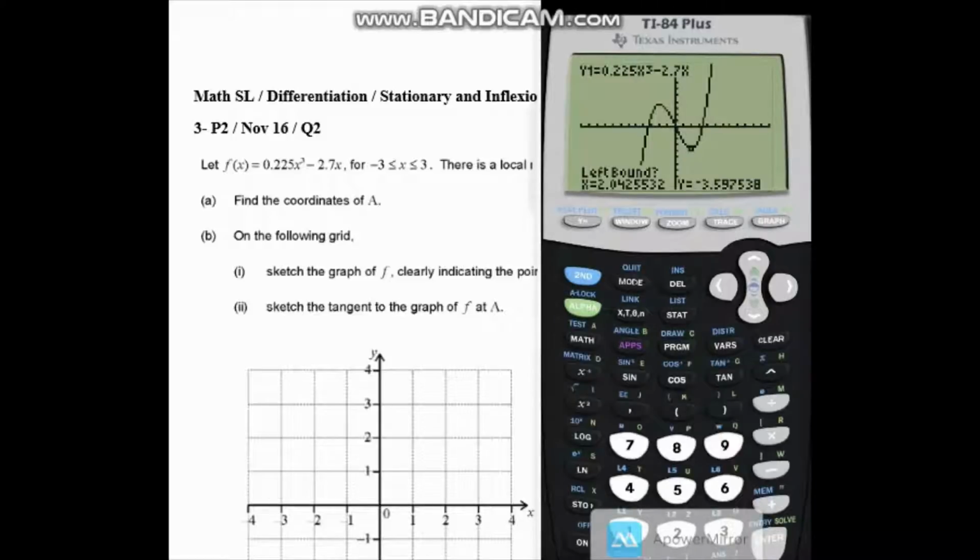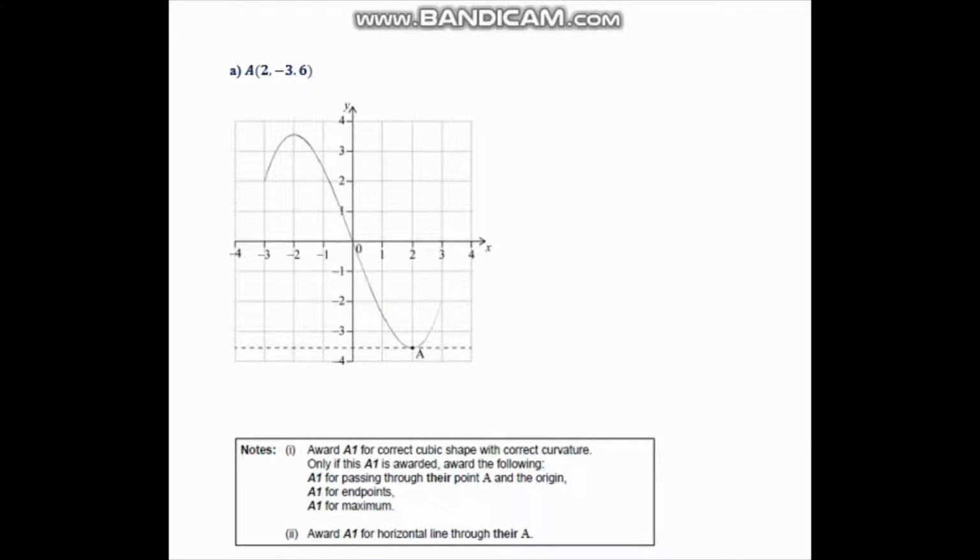I need to find a left bound, so somewhere to the left of my minimum point, right bound, so somewhere to the right of my minimum point, and a guess, so right there. And the minimum point is 2, -3.6. So I've written the answer right there.